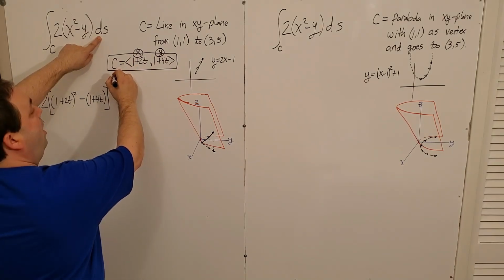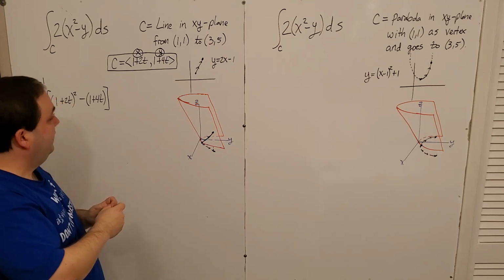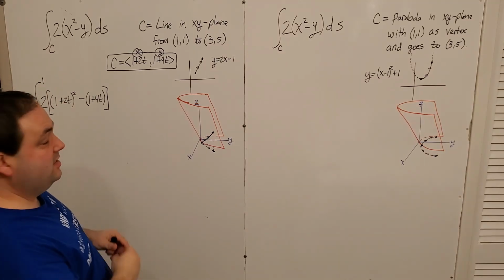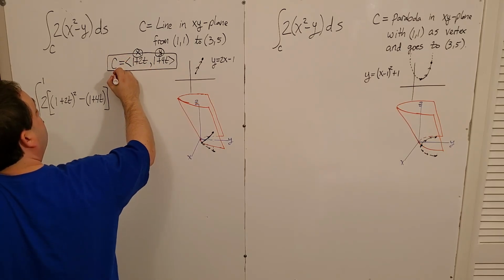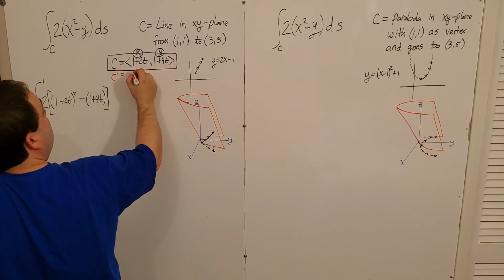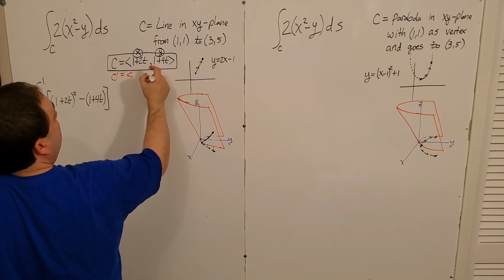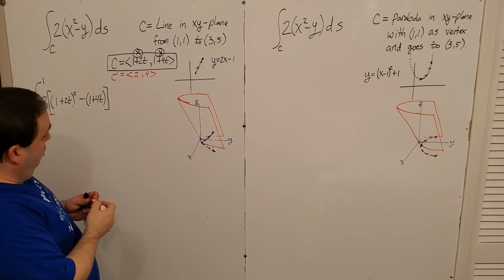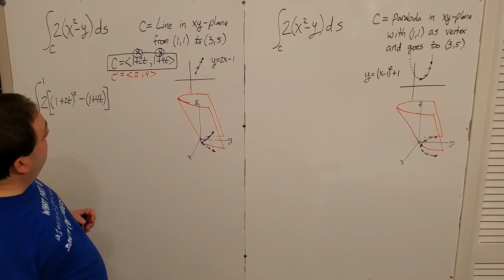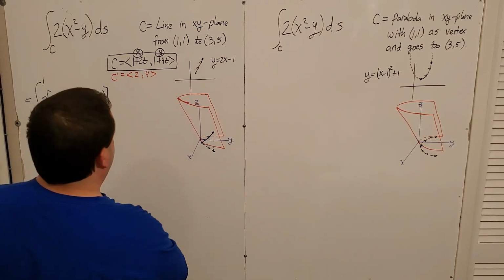What is c prime, right? Don't forget to remind yourself what c prime is right here. Or r prime if you're calling it r, whatever. C prime is going to be the vector 2, 4, the whole time. So it's a constant tangent vector there.